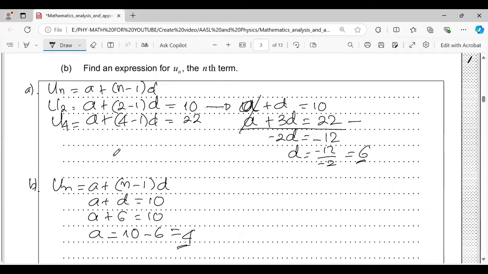Based on this formula, un is 4 plus n minus 1 times 6, which is 4 plus 6n minus 6, because 6 multiplied by n and multiplied by minus 1. 4 minus 6 equals minus 2. So 6n minus 2 is the final expression of un.